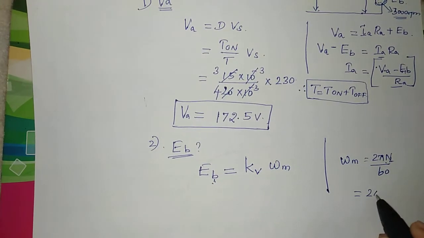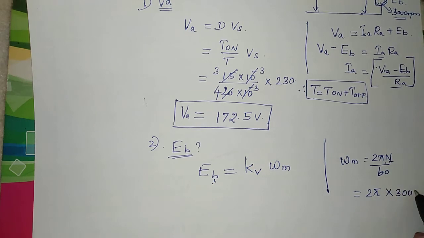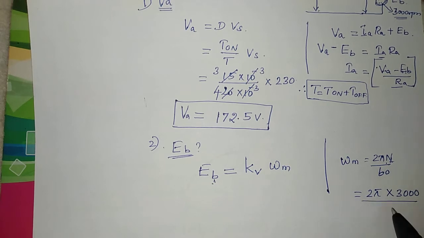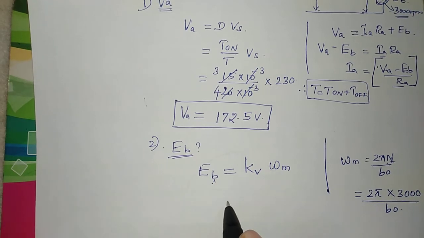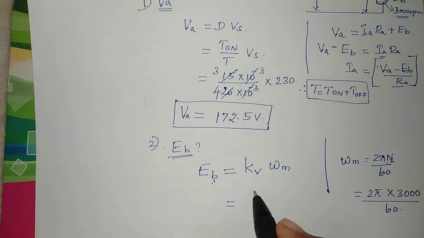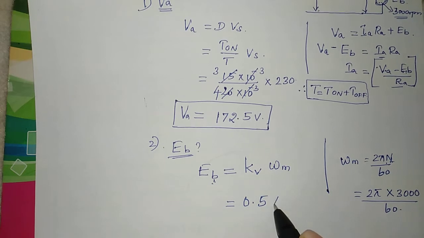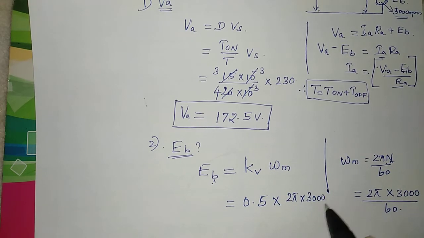So if you substitute 2 pi into 3000 rpm, which is given, divided by 60. kV is already given in our data, 0.5 volt, and 2 pi into 3000 divided by 60.